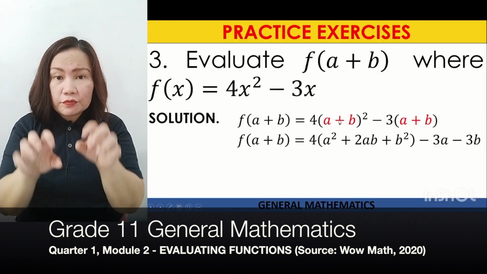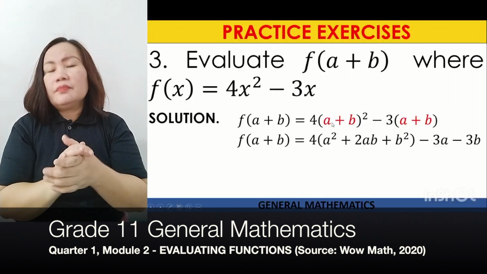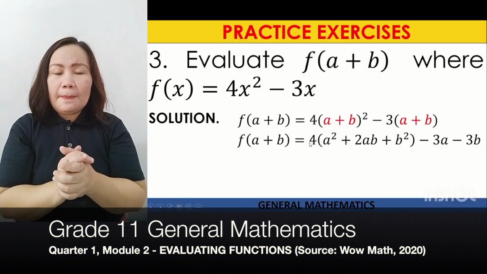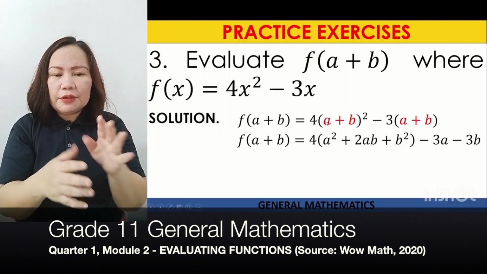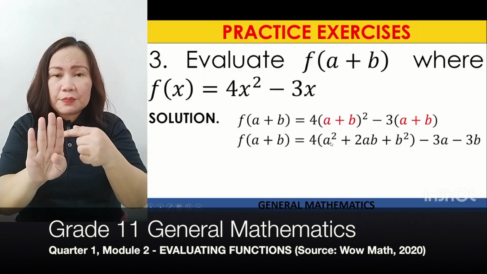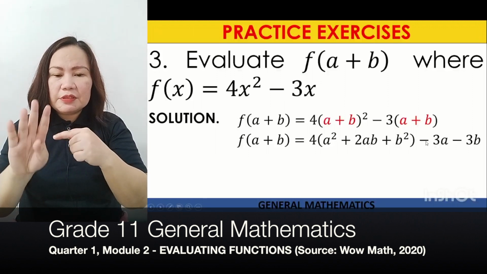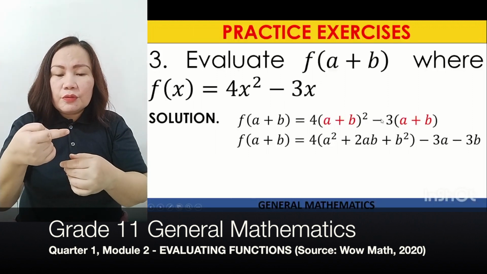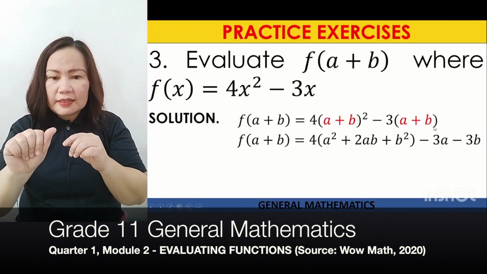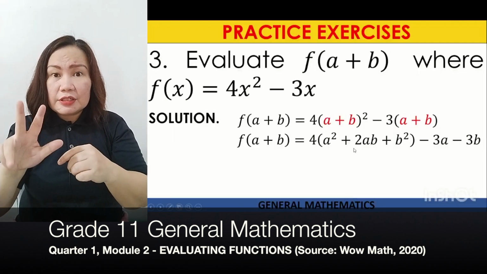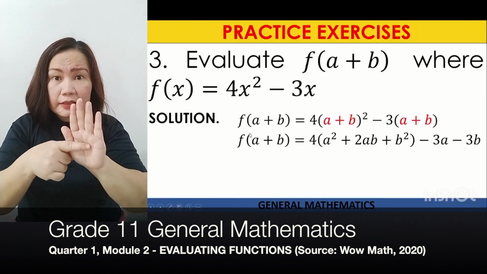Yung nasa loob ng parenthesis. Squared nyo muna yung a plus b, saka nyo i-multiply kay 4. So, kapag in-squared natin yung a plus b, that is a squared plus 2ab plus b squared minus 3a, 3 times a times negative 3 times b is negative 3b. So, saka natin to i-distribute isa-isa.